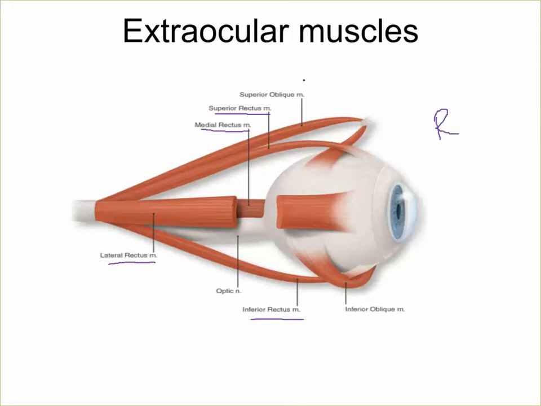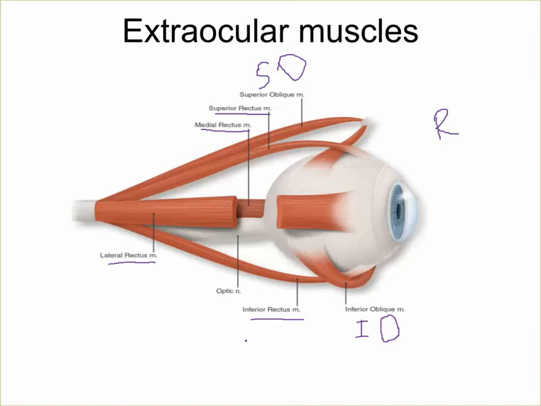Then we have two oblique muscles, namely the superior oblique, in short SO, and the inferior oblique. There is also another muscle, the levator palpebrae superioris, which is not shown in this diagram.